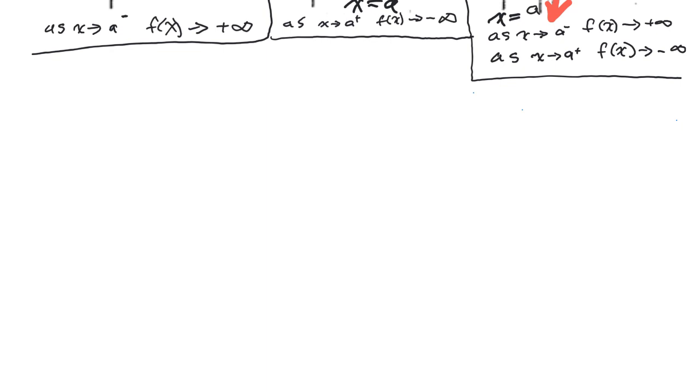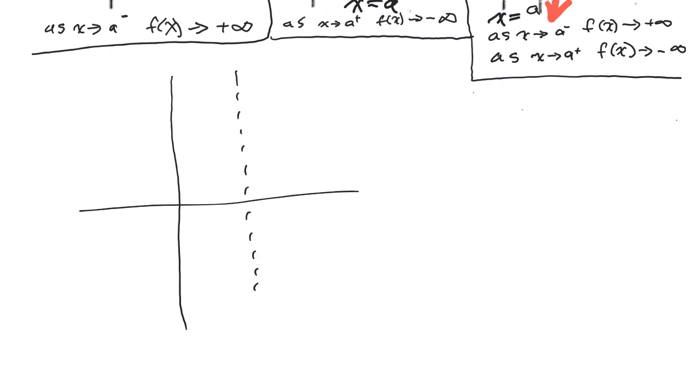You could have a parabola that looks like this, or not a parabola. You could have a graph that looks like this. So let's say I have x is equal to a here. We've got a dashed line where x is equal to a.